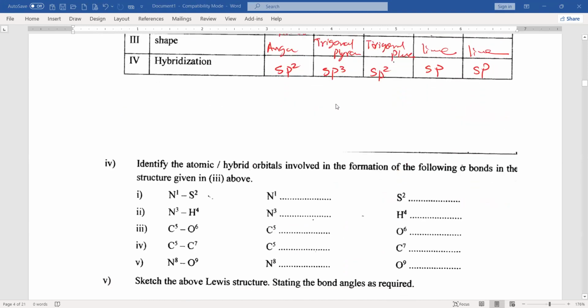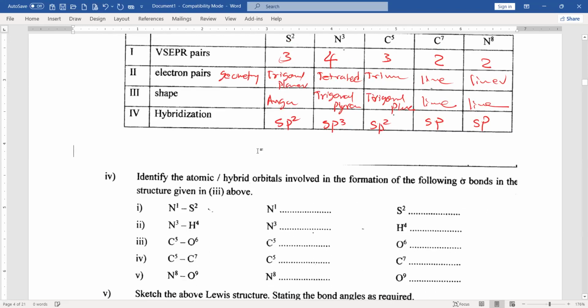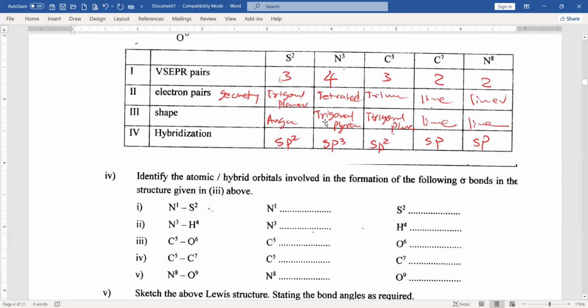And here, identify the atomic or hybrid orbitals involved in the formation of the following sigma bonds in the structure. We have already identified the hybridizations of atoms, so you can easily state the sigma bonds involved with this.